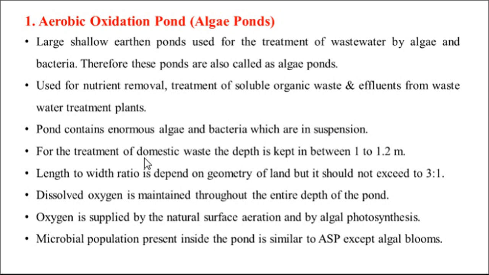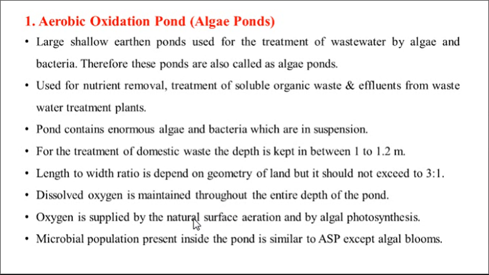For the treatment of domestic waste, the depth is kept in between 1 to 1.2 meter. Length to width ratio depends upon geometry of the land available for the construction of pond, but this ratio generally should not exceed 3:1. Dissolved oxygen is maintained throughout the entire depth of this oxidation pond.